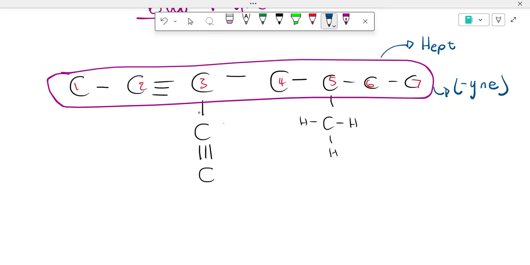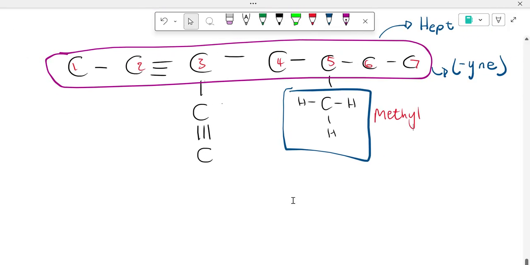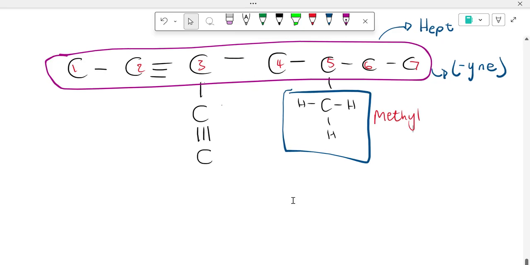And then now, what else do we notice? I need to identify my substituents. My substituent will be this guy here. What's the name of that substituent? The methyl substituent. Also, another very important thing, guys: when you start numbering, your functional groups always take preference, not the substituents.